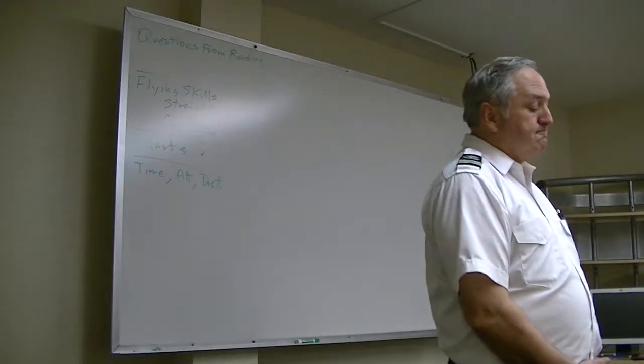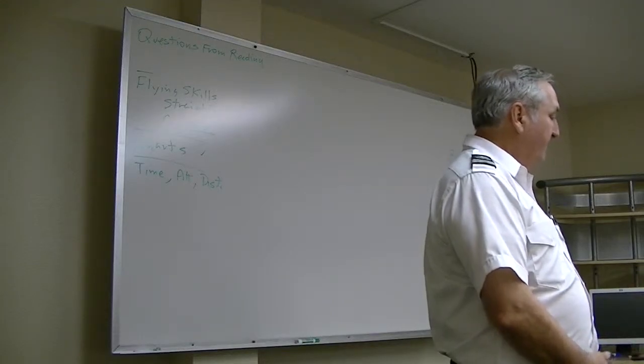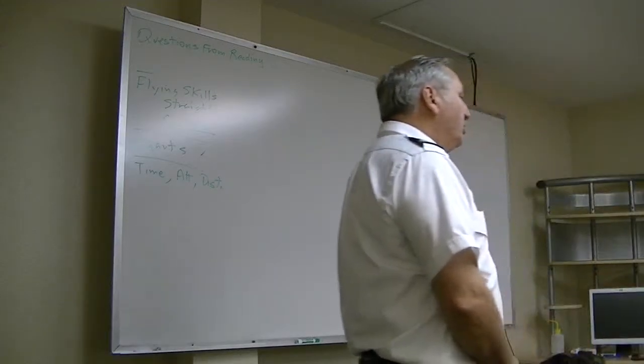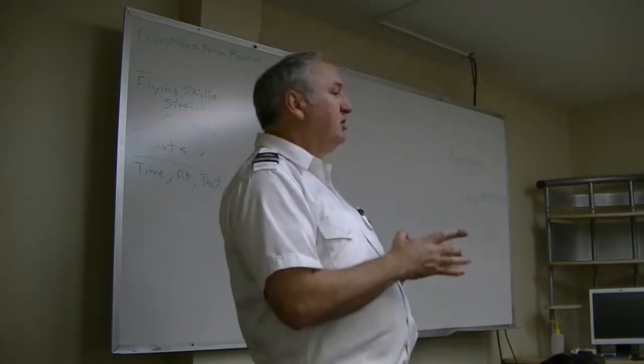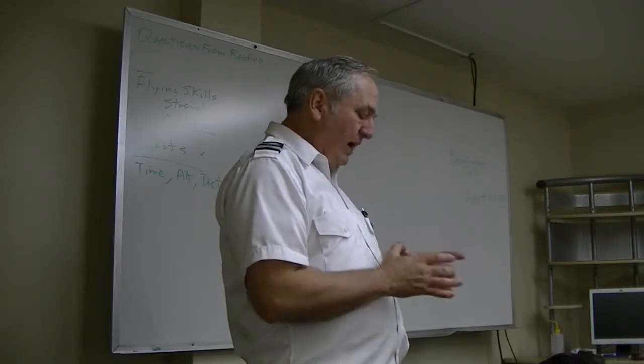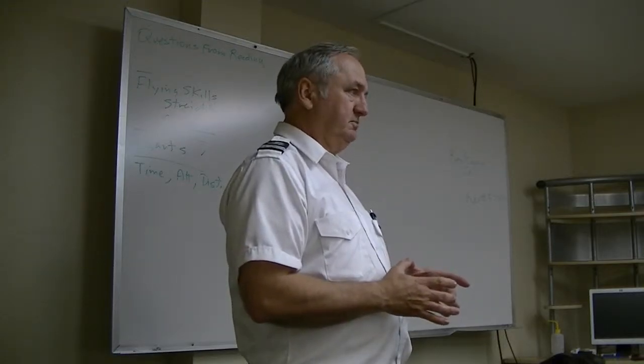Okay, so the first thing we have to do is control the speed. The next thing we have to do is control the bank. The two of them together, we have to control so we can make a round circle. Now, you may tell me, well, wait a second, why do I need to make a round circle? Thermals aren't round.